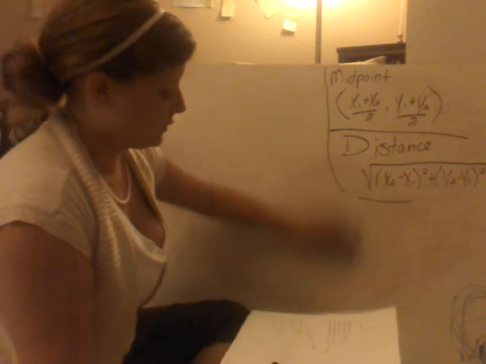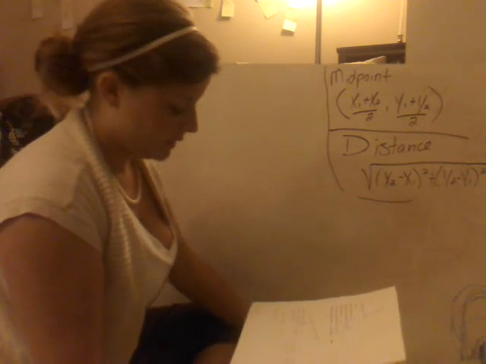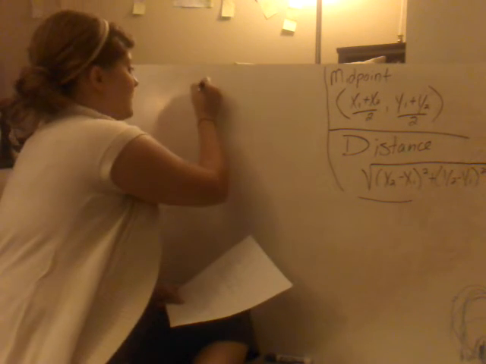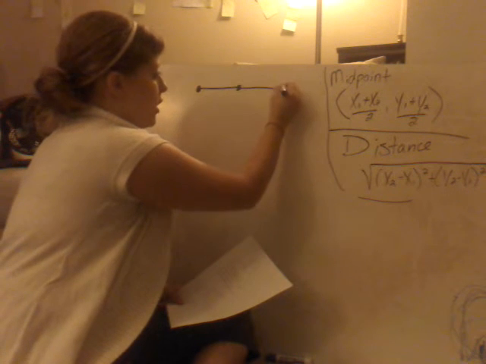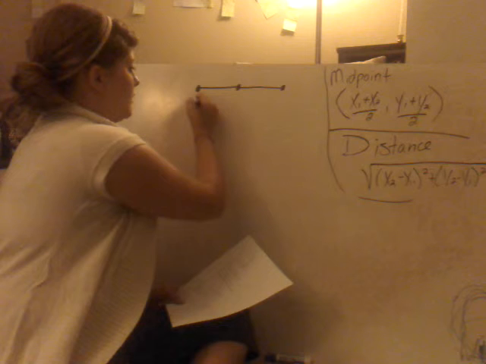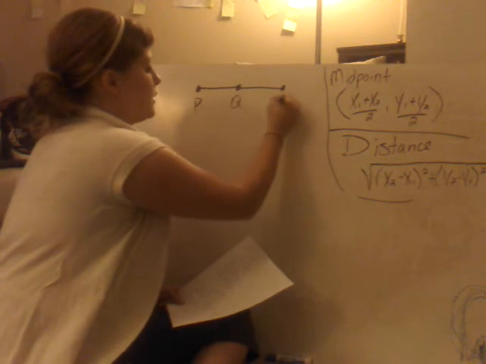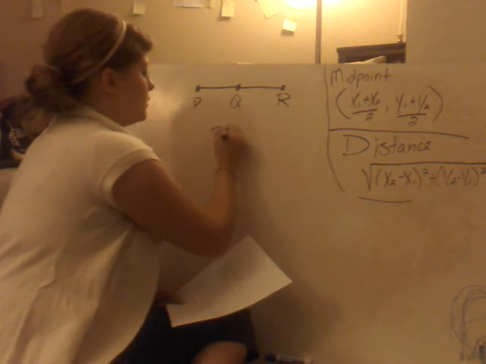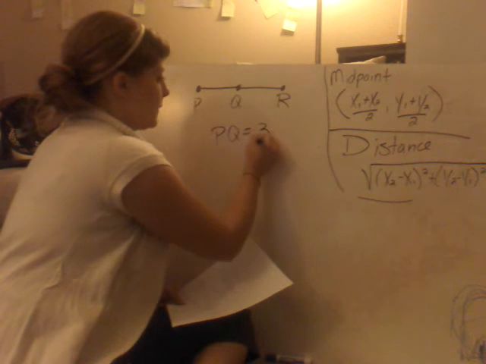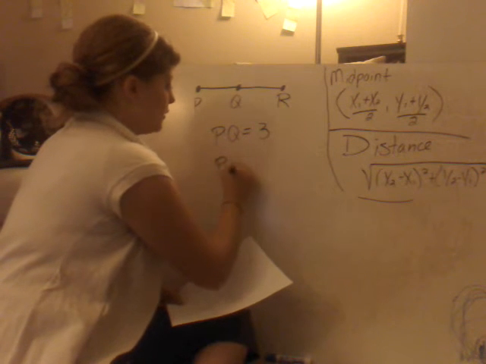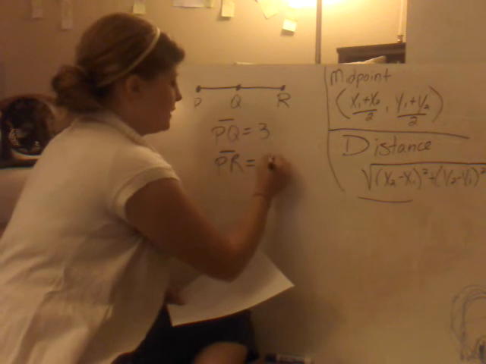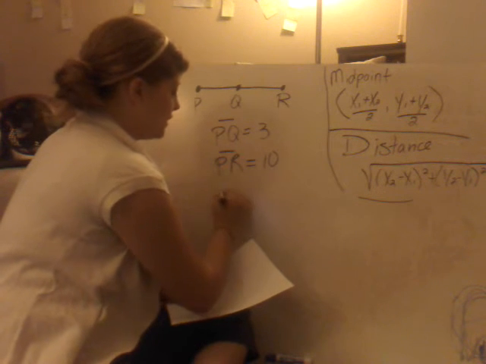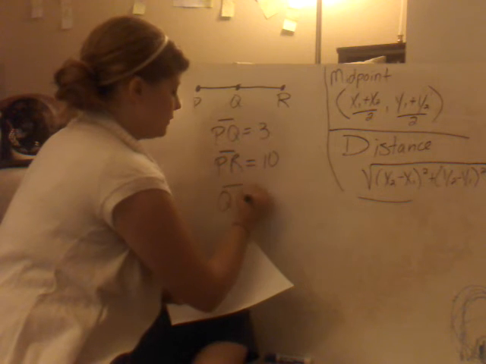Okay, so the last one for this, number 7, was a segment PQR. I tell you that segment PQ is equal to 3, segment PR is equal to 10, and I want you to find QR.